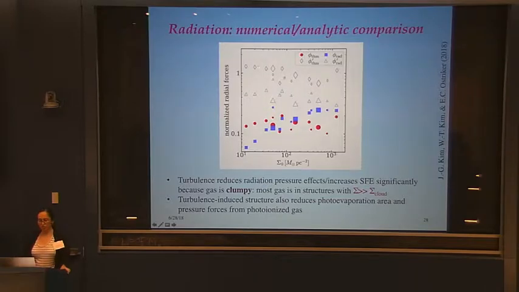And what is shown here, if I correct for the escape of photons, is comparing the radiation force with L over c, but only including the photons that are actually trapped. I'm not including the ones that escape, so that you get closer here. And this is the gas pressure force if you're including the actual photoevaporation rate.